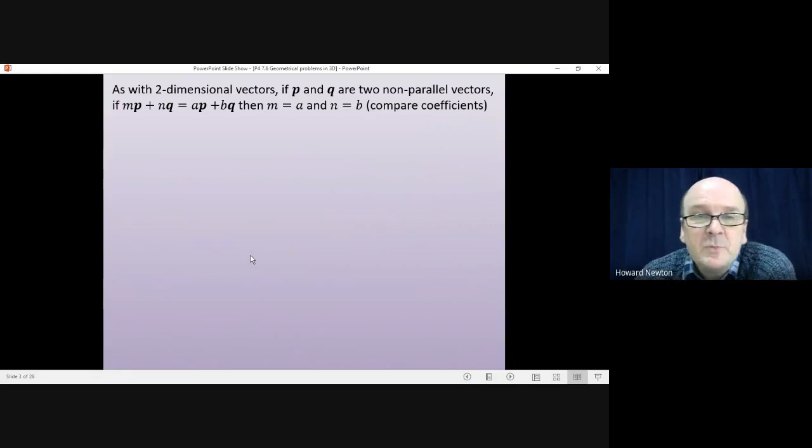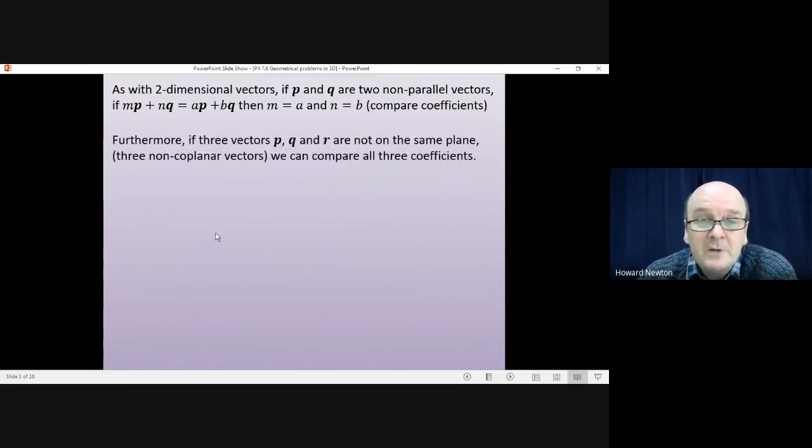Now, in the last lesson, we learned with 2-dimensional vectors, if p and q are 2 non-parallel vectors, then if mp + nq = ap + bq, m must equal a and n must equal b. We can just compare the coefficients of the 2 vectors. Furthermore, if we have 3 vectors, p, q, and r, which are not on the same plane, the technical phrase for that is that they are non-coplanar vectors, then we can do the same thing again, and we can compare all 3 coefficients.